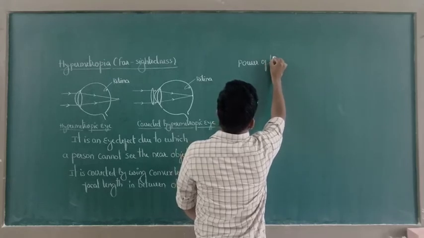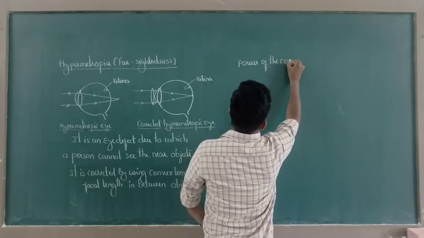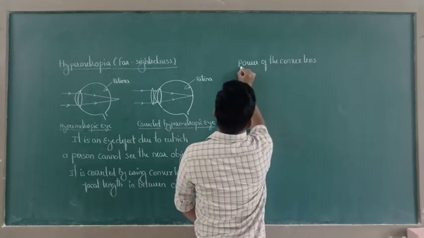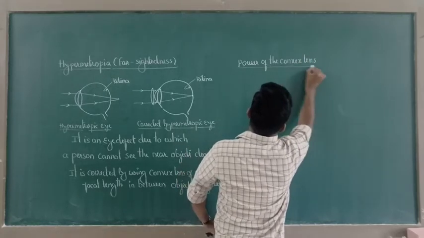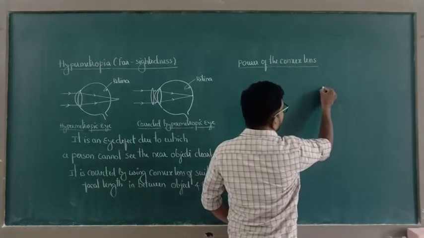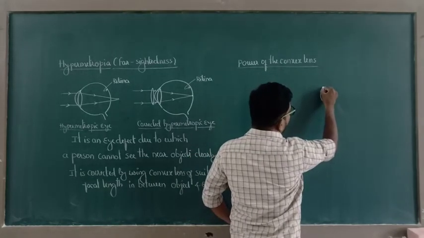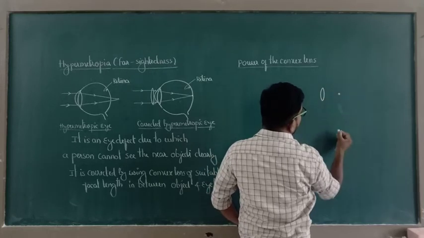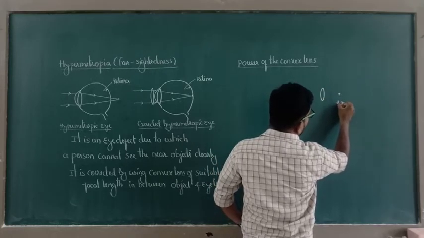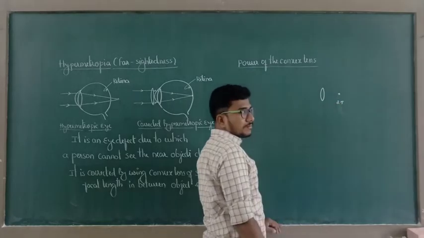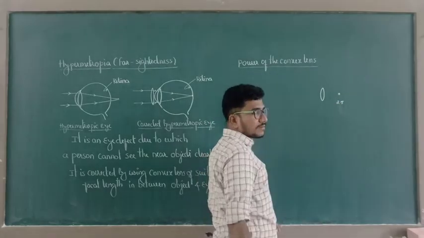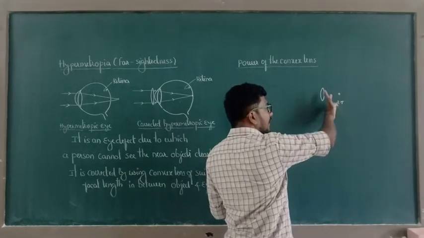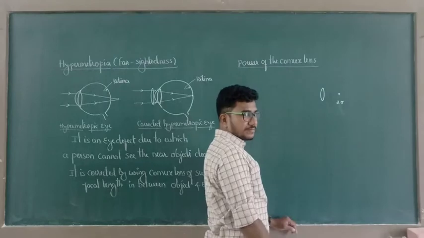Power of the convex lens. So this is normal eye. For normal eye, least distance of distinct vision is at 25 centimeter. But in case of hypermetropic eye, this point is shifted away from the eye.